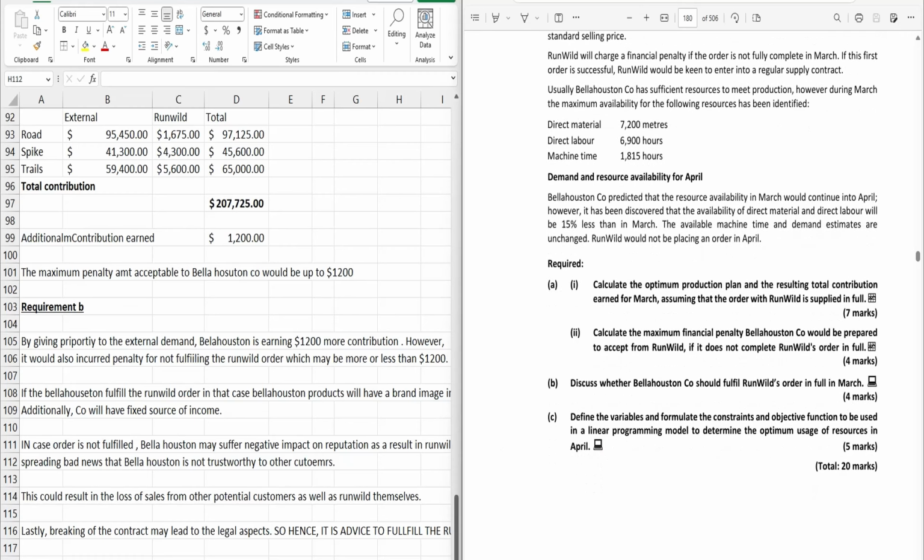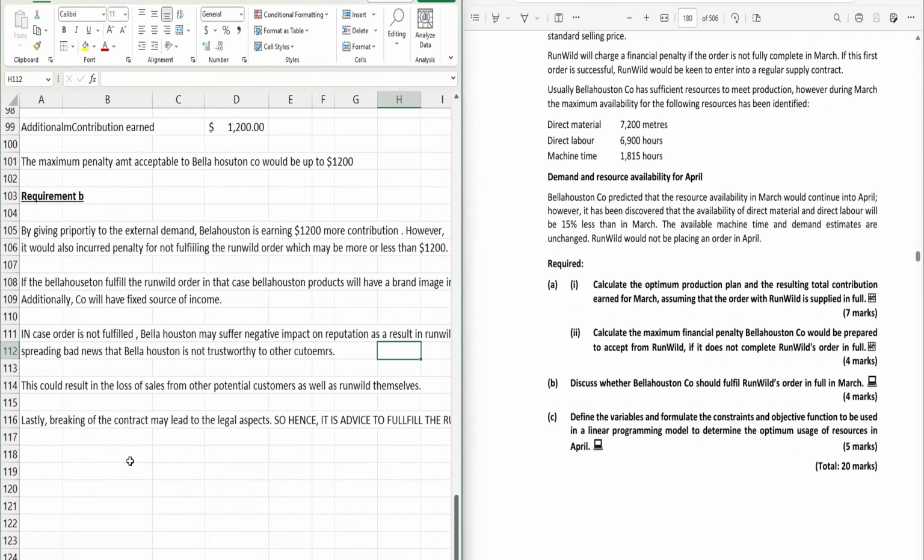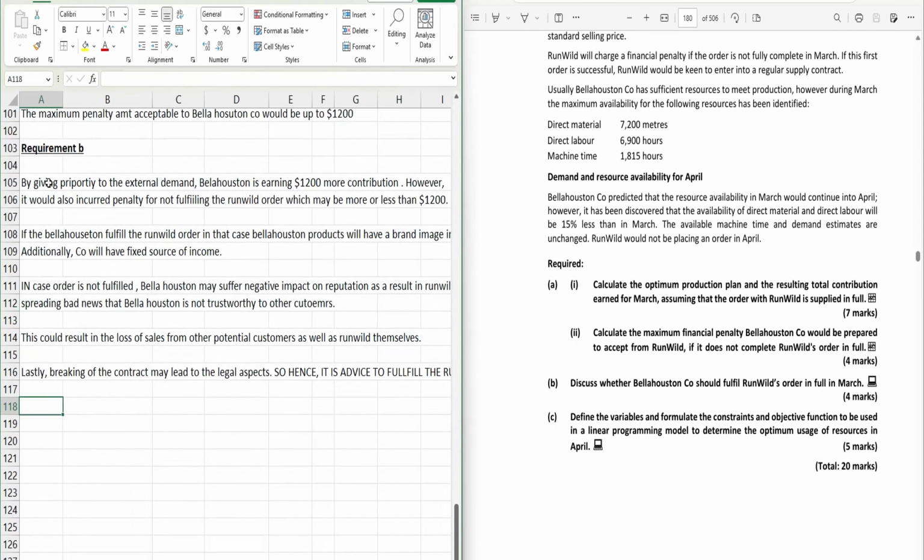Now come to the C, and this is quite easy. The question is asking to formulate the constraints and objective function to be used in the linear programming model to determine the optimum use of resources in April.